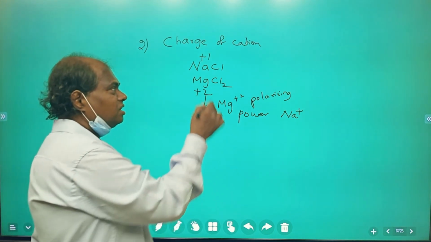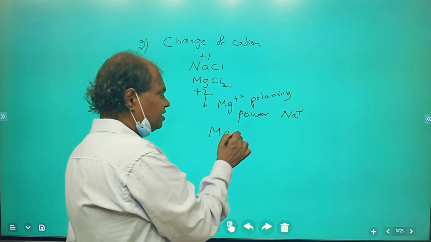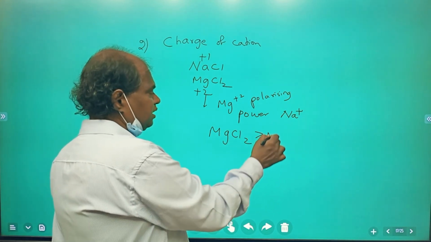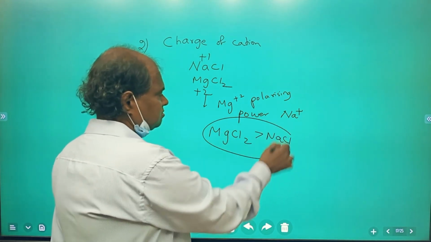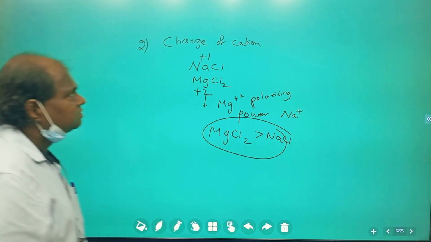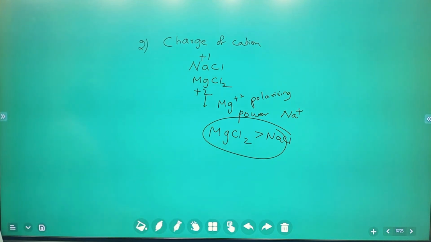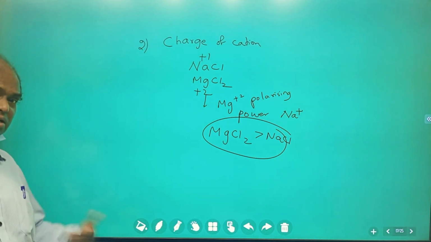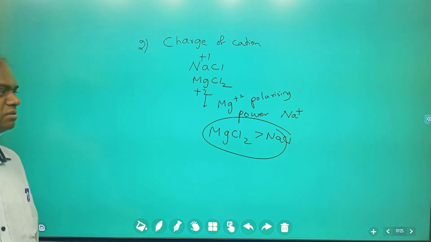So students, MgCl2 will be more covalent compared to NaCl. So the greater the charge of the cation, the greater the covalent behavior. Covalent means it will dissolve in organic solvents. Remember, very important.